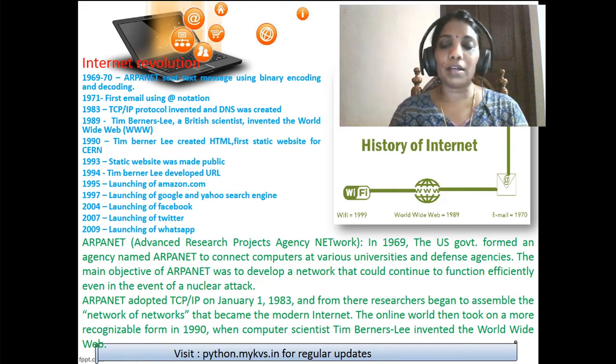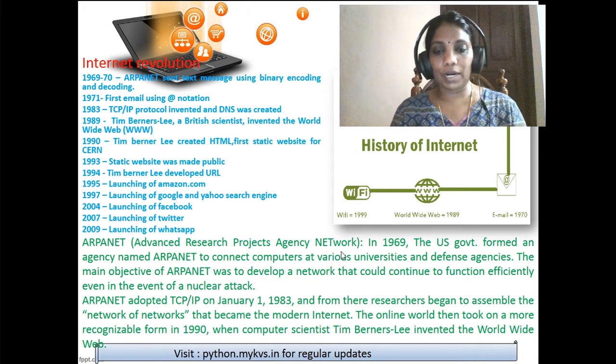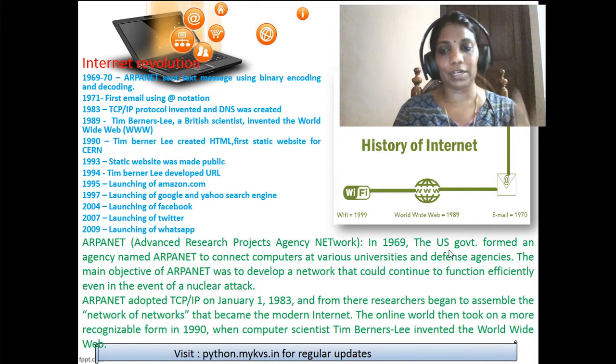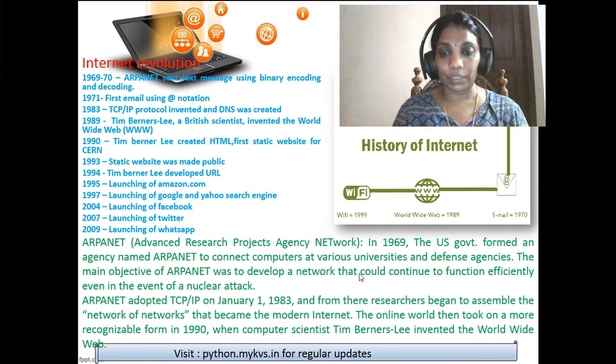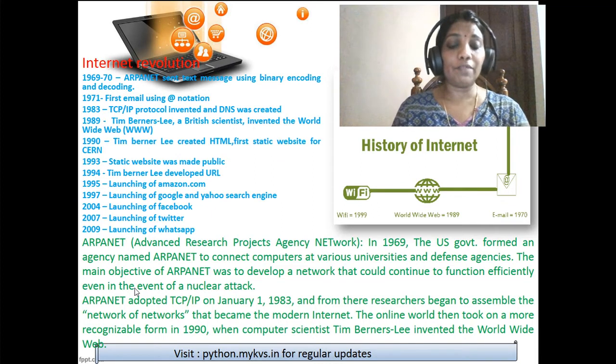Now it is again a waste of time talking about ARPANET. You know what the use of ARPANET is, but it's given here. It's used to connect computers at various universities and defense agencies. So a clear-cut idea is there. The main objective was to develop a network that would continue to function efficiently even in the time of nuclear attack. So that was told in the beginning.